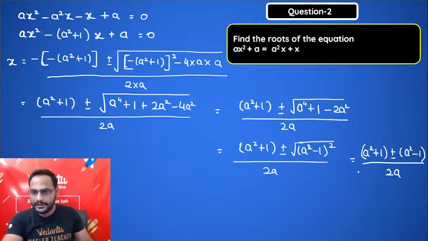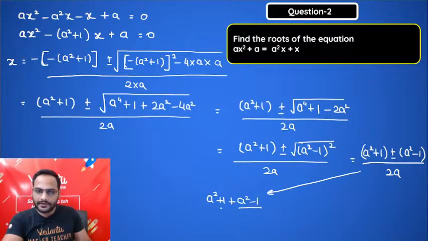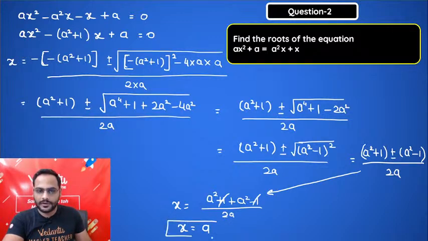So we'll be getting two values. First value, let's use the plus sign, a square plus 1 plus a square minus 1 divided by 2a. So a square will be there, plus 1 minus 1 got cancelled. So 2a square upon 2a, 2 to 2 got cancelled, x is equal to a.